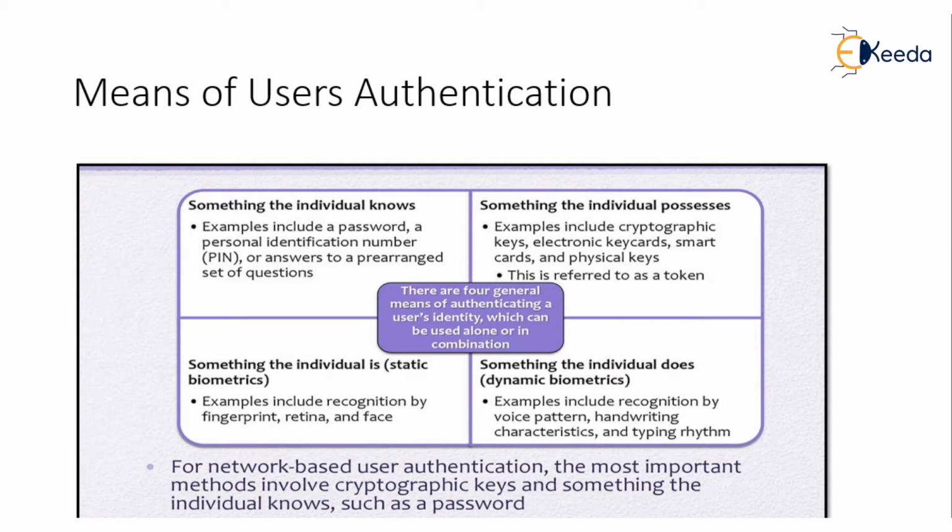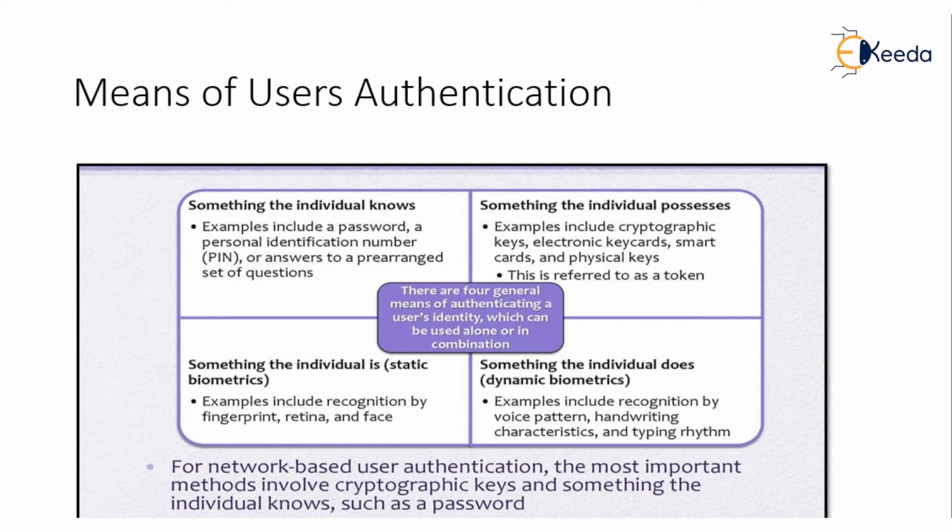You must have a different password for your Gmail account, for your Facebook account, for your Twitter account, which is only known by yourself. That is, it is only known by the individual. And therefore, it is one type of authentication which only the individual knows about.